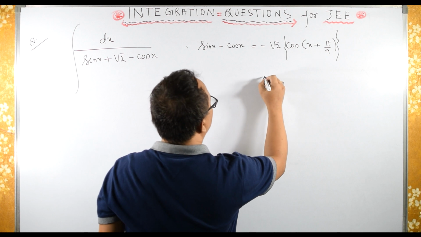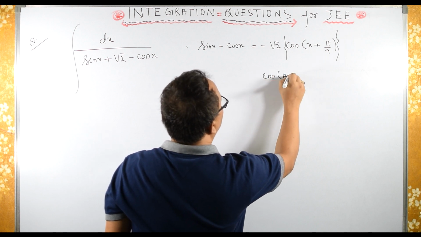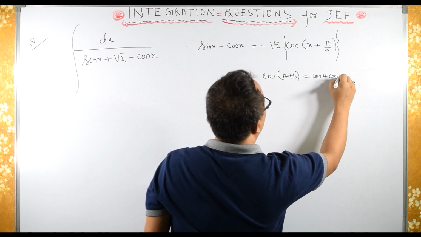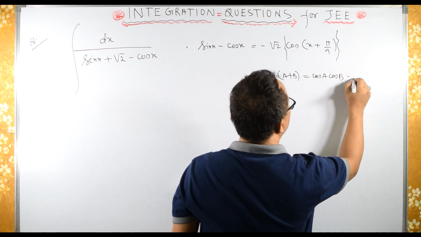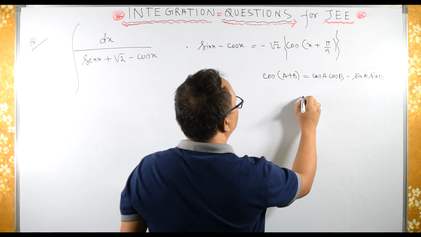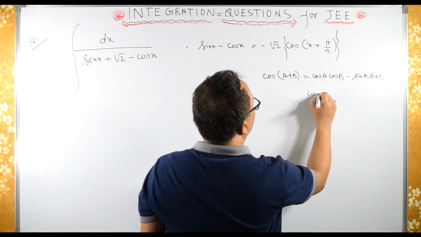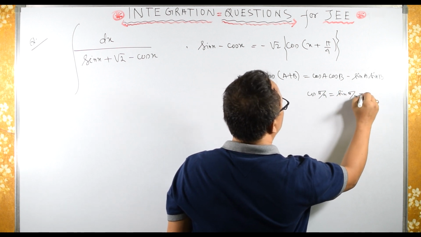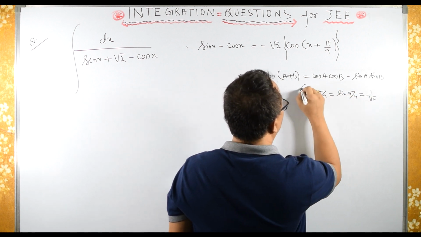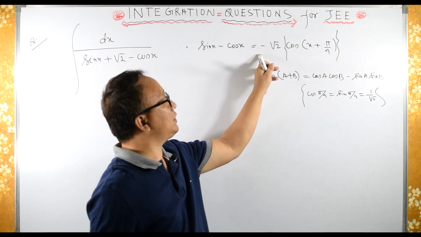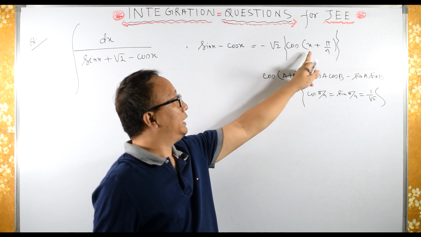Otherwise, you have to remember the cos of a plus b formula: cos a cos b minus sin a sin b. And remember, cos of pi by 4 is the same as sin of pi by 4, which is 1 by root 2. By using this formula, we get sin x minus cos x equals minus root 2 into cos of x plus pi by 4.